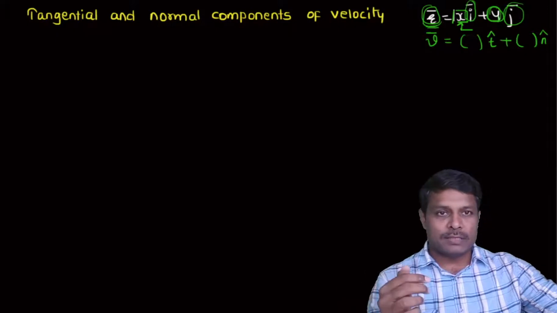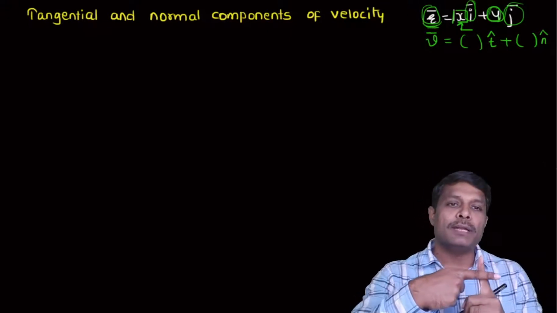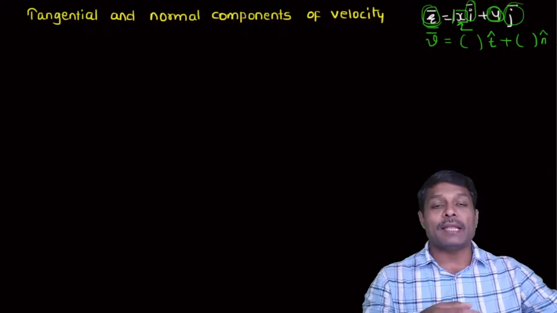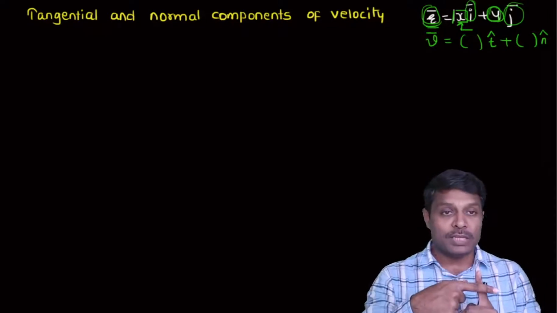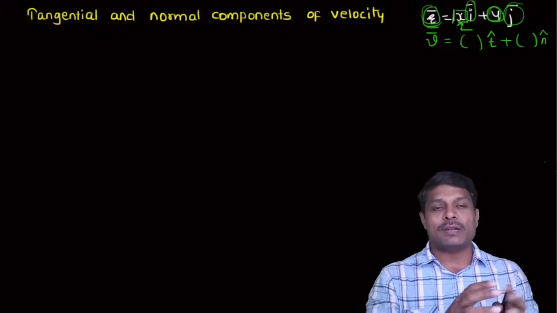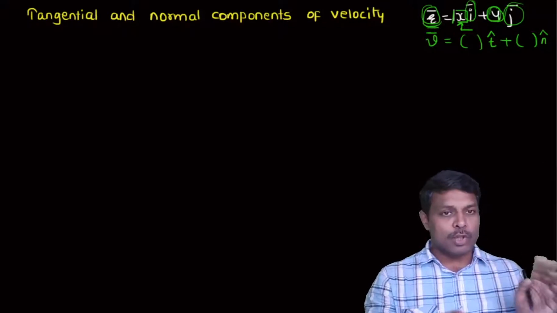And we know that here i bar is along the x-axis, j bar is along the y-axis, and they are perpendicular to each other. Here also t cap and n cap are perpendicular to each other. The only thing is, instead of along the x-axis, we are considering along the tangent and along the normal.